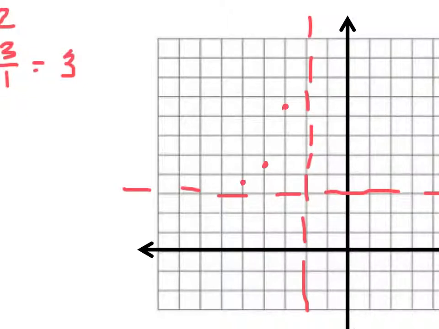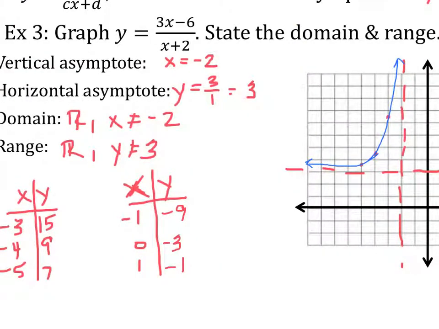There we go. I'm going to connect that. And hopefully hit all the dots. All right, then we're going to plug in the values that are bigger than -2, and then we'll come back and plot them. All right, we're going to finish this one up.